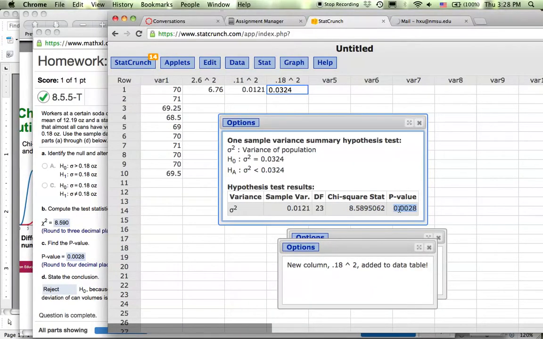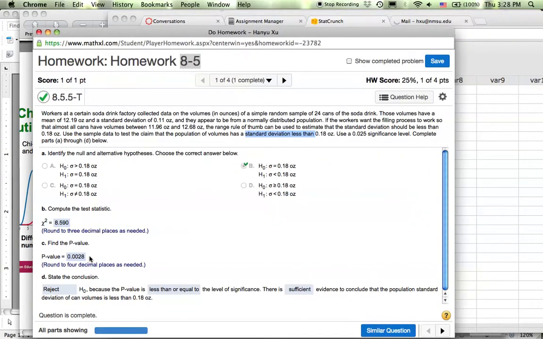You can copy this one as the p-value. And because this p-value is smaller than 0.025, which is alpha, we reject H naught because the p-value is less than or equal to the level of significance. In other words, we have sufficient evidence to conclude that this, I believe, is H1.